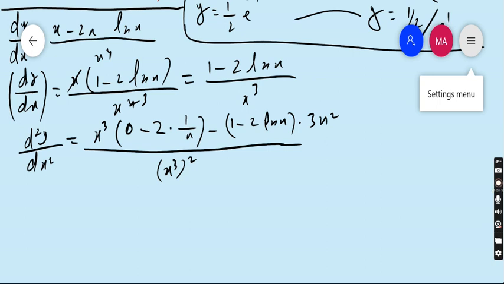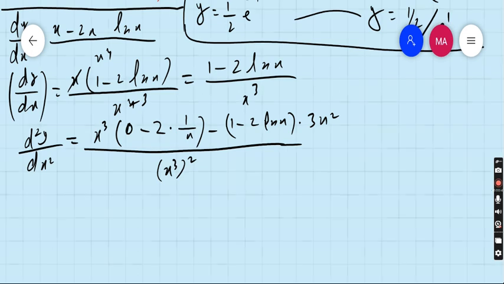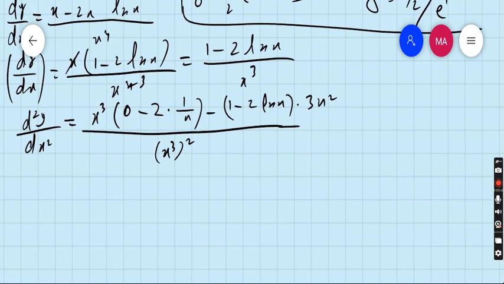No need to simplify this because we have the value of x in stationary point is e power half.